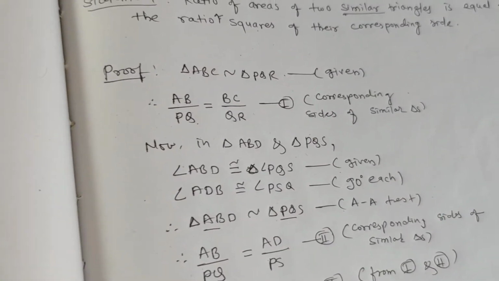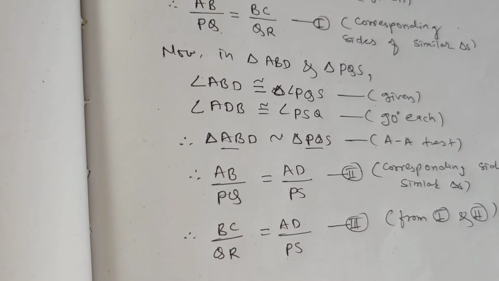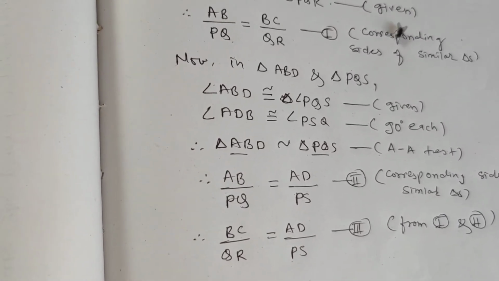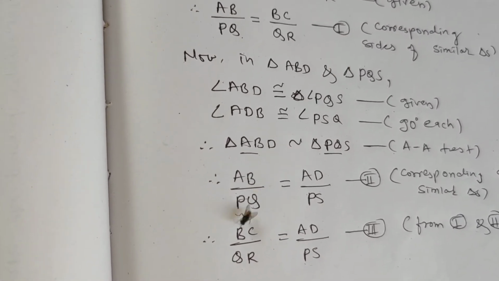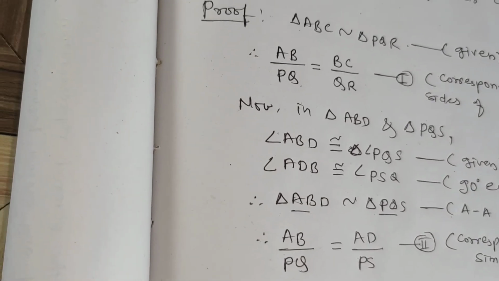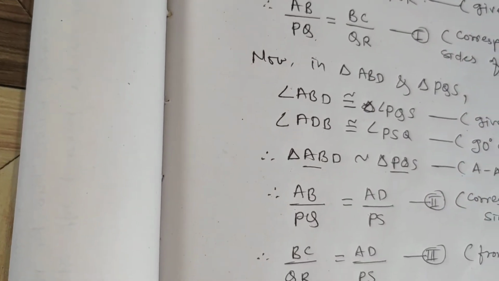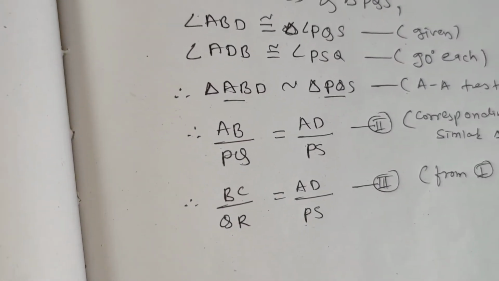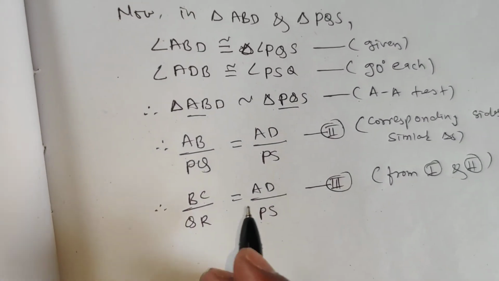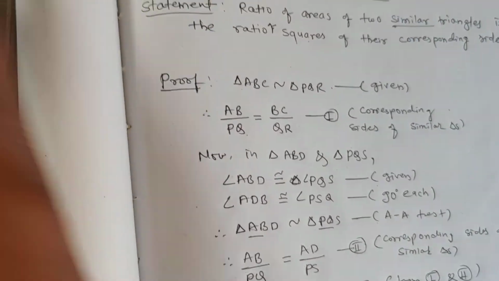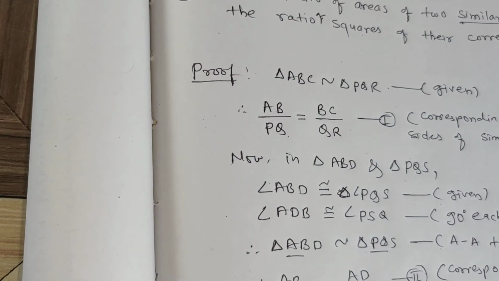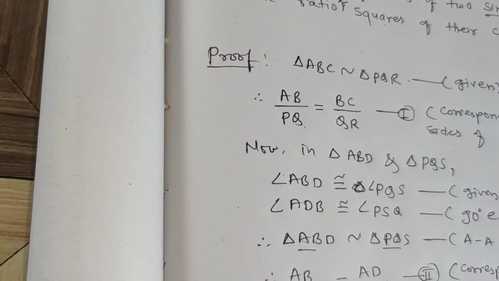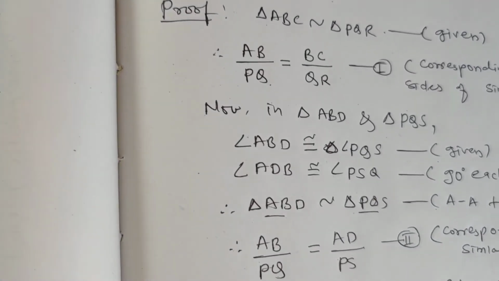Okay, now we know that the area of a triangle is half into base into height. If you forget this property, you can simply put that the area of any triangle is equal to half into base into height.